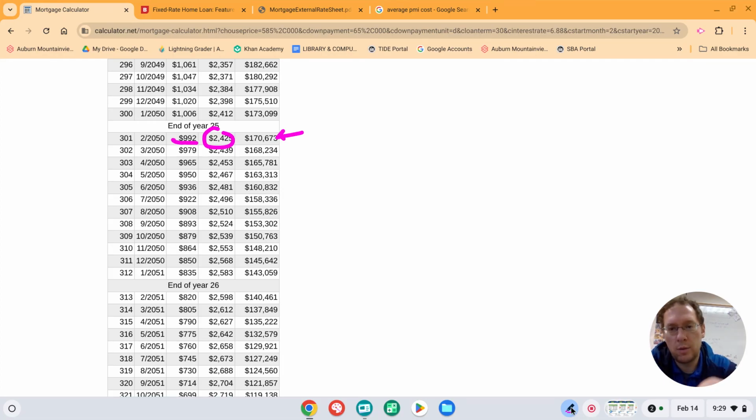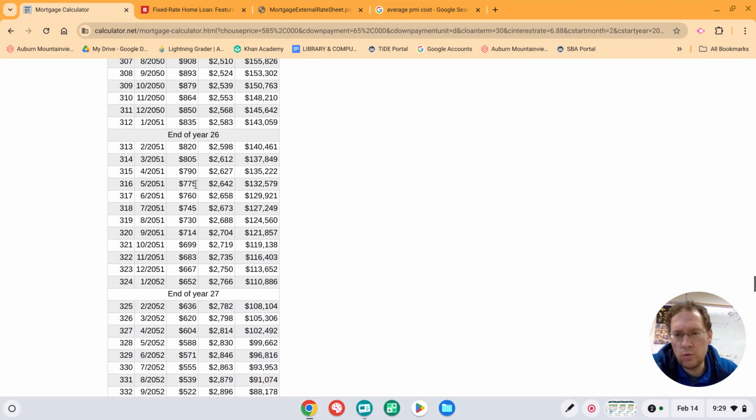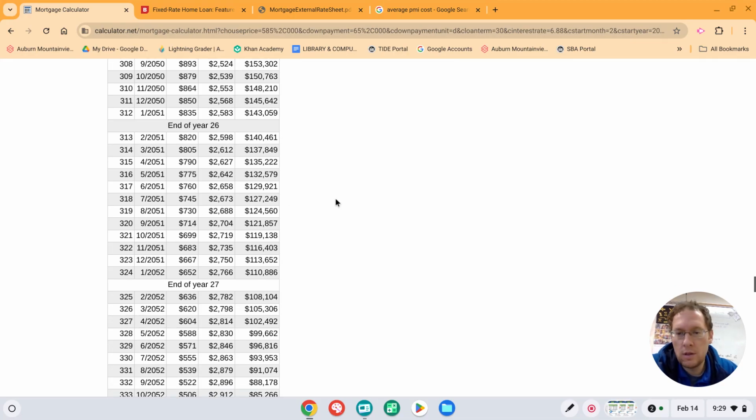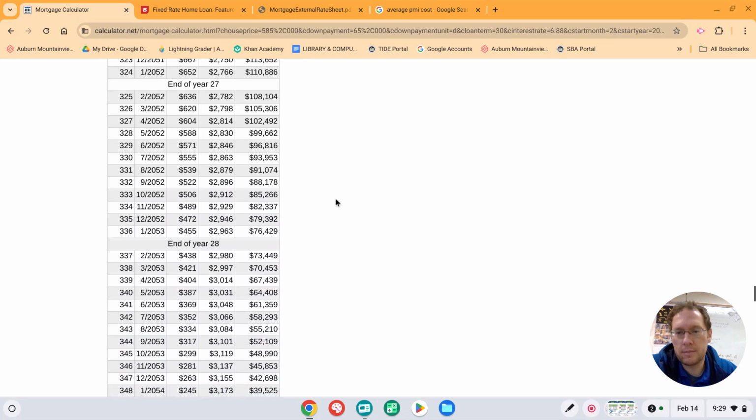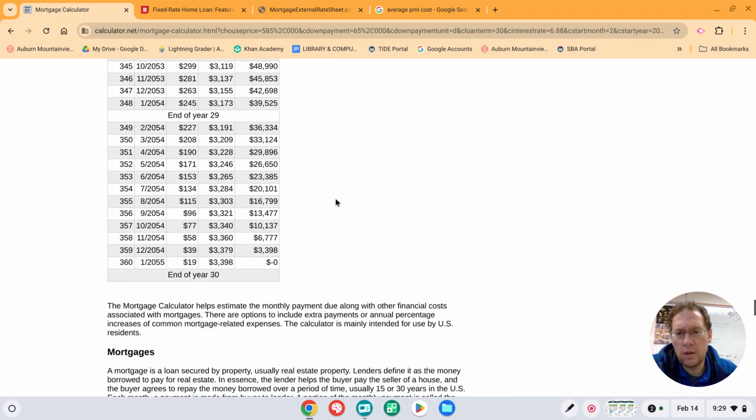So as the principal goes down, so does the interest payment. Okay? And if we go all the way to the bottom, you're going to see interest payments just get smaller and smaller and smaller. What is the rate? Ooh, the rate of decline is about $15 a month. And again, end of year 29, 30, boom.